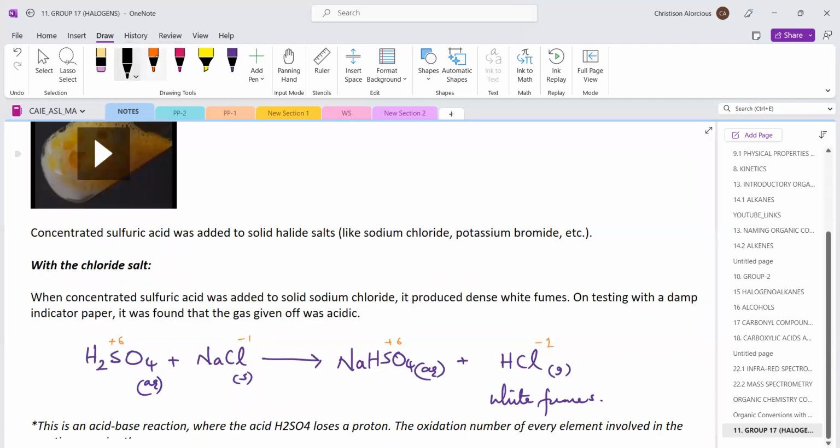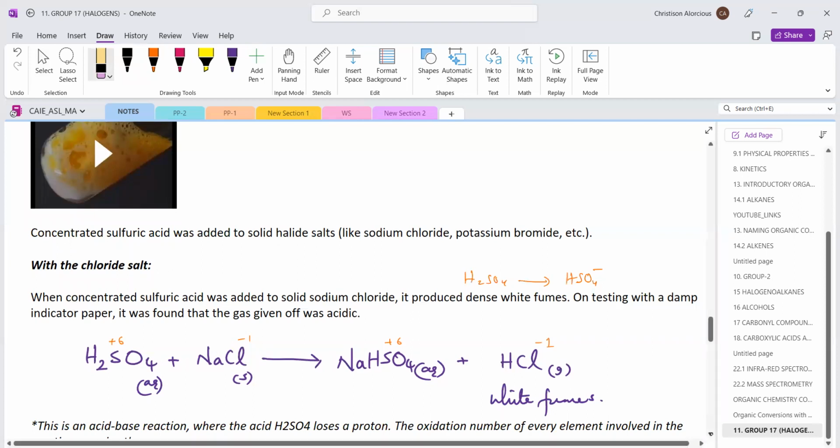H2SO4 is converted into HSO4 minus in the sodium hydrogen sulfate. That means only one H plus is lost. So sulfuric acid is acting as the acid in this case, while the sodium chloride is acting as the base, because it accepts the H plus to form hydrogen chloride.